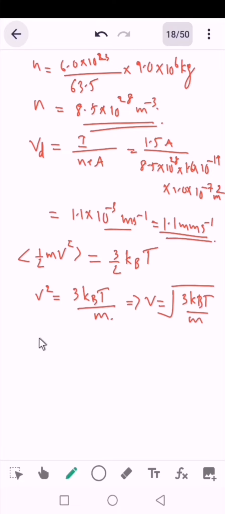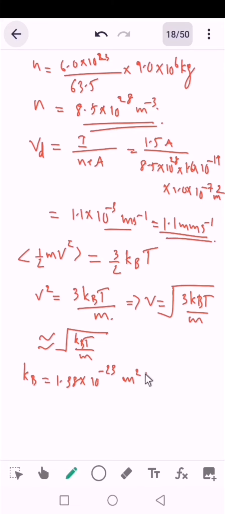So it is approximately of the order of the square root of kBT divided by m, where kB is the Boltzmann constant. As we know, the kB value is 1.38 into 10 raised to minus 23 meter square kilogram per second square per Kelvin.